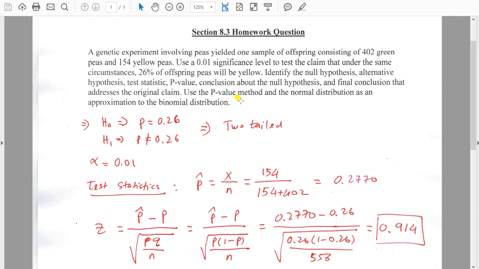So now we have the null hypothesis and the alternative hypothesis H1, and we also recognize that the alternative hypothesis includes the not equal sign. So the not equal sign means that this problem is two-tailed.